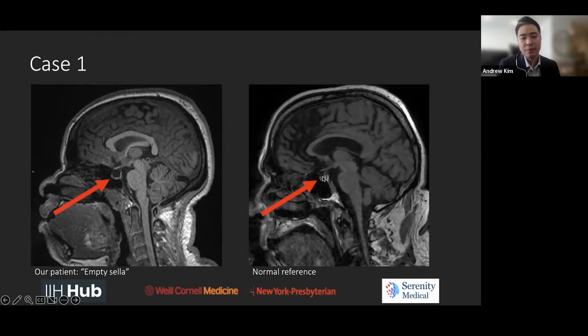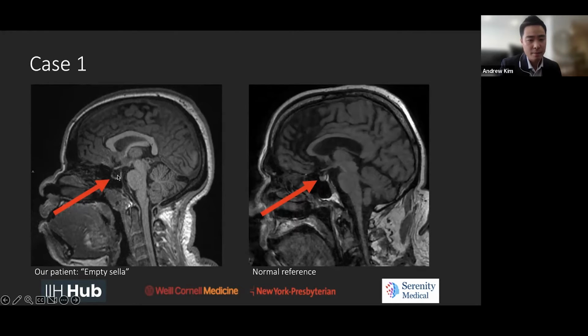For those of you that are not as familiar, the front of the head is on the left, as you can see from the shape of the outline of the head, and the posterior aspect of the head is to the right. And these are sagittal T1 sequences. So our patient on the left, you can see that the sella turcica looks pretty empty relative to the right.